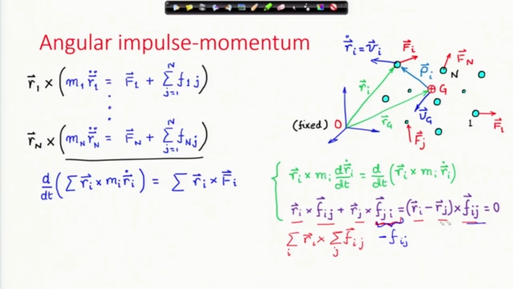Then I take f_ij common, and what I have in brackets is r_i minus r_j. Now, r_i minus r_j is this relative vector, the vector joining particle j to i, and f_ij is also, because this is an internal force acting between the ith and jth particle, along the line connecting i and j. Therefore, these two vectors r_i minus r_j and f_ij are in the same direction. Therefore, their cross product must vanish. With that consideration, we are left with only the summation of r_i cross f_i.